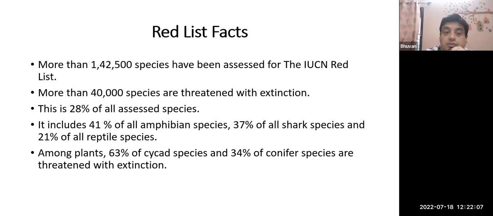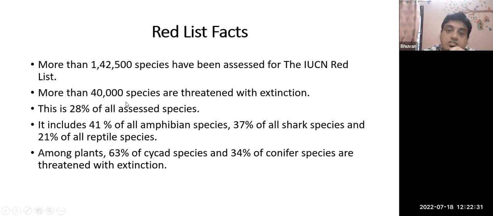This is 28% of all assessed species. In this, 41% are amphibians, 37% include the shark species, and 21% are reptilian species. And if we talk about plant species, 63% are cycads, and 34% are coniferous species.